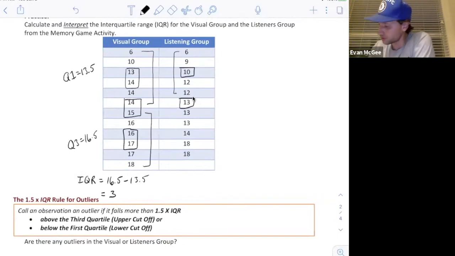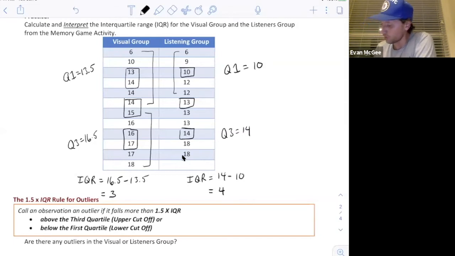So Q1 is going to be 10 for the first quartile. And the third quartile will be 14. There's 2 below and 2 above, just to make sure it's the middle. So Q3 will be 14. And the IQR is just going to be Q3 minus Q1, which will be 4.